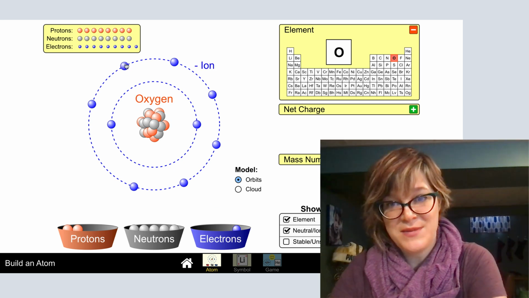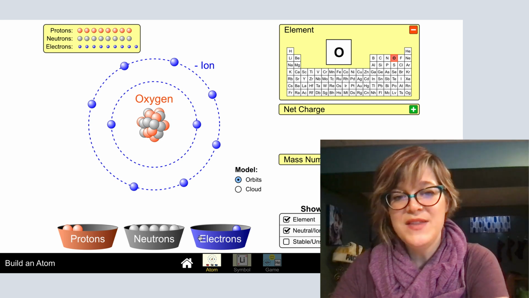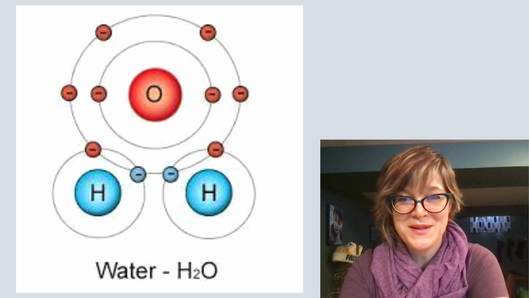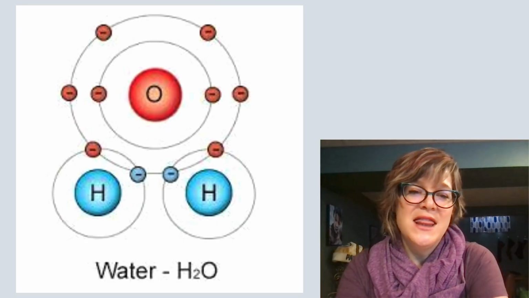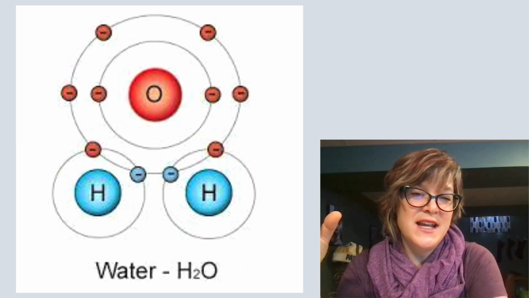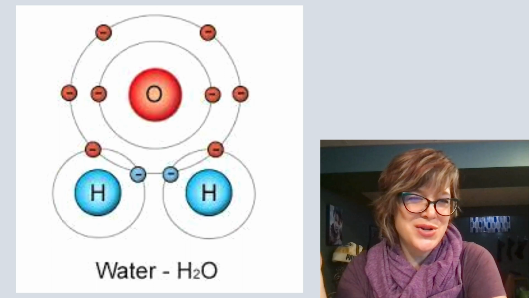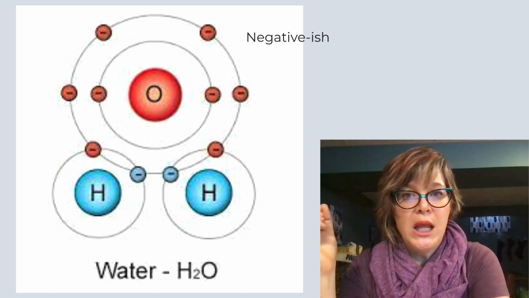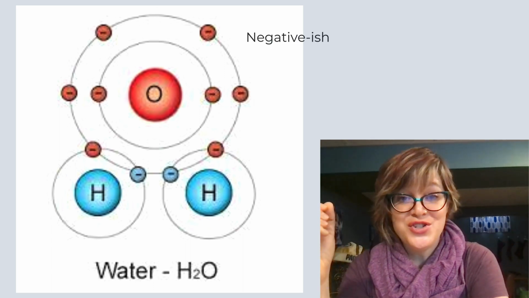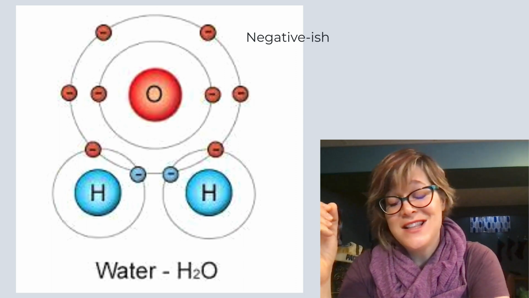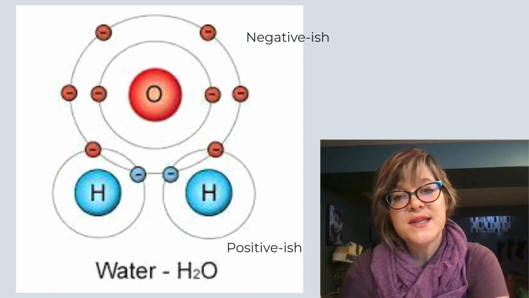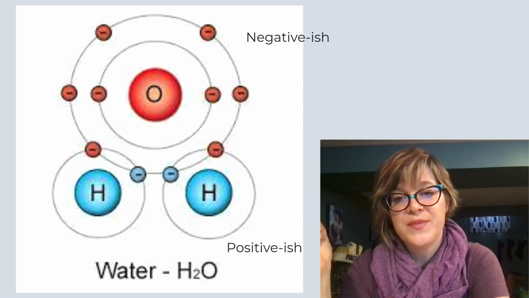And this leads to something very special. This is called a dipole moment. Basically, the oxygen has a slight negative charge because it's got extra electrons a little more often, and the hydrogen has its electrons less often than it should, so it's got a little bit of a positive charge.